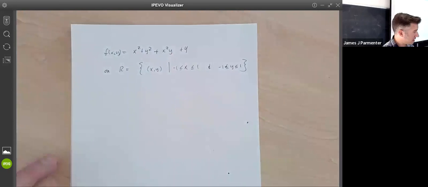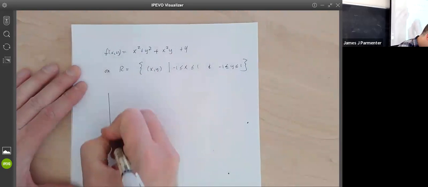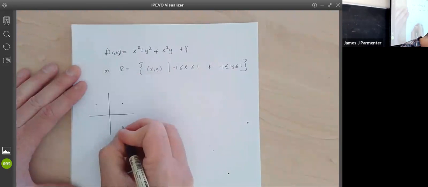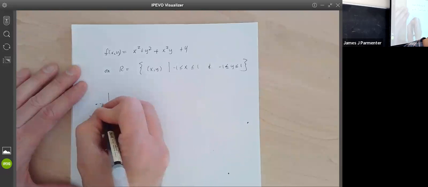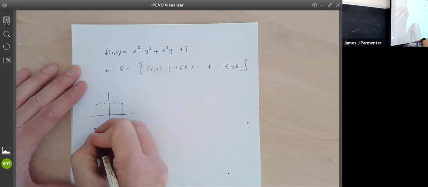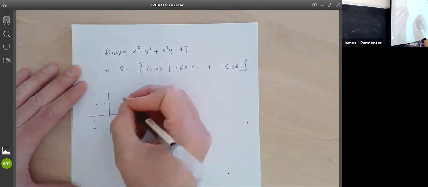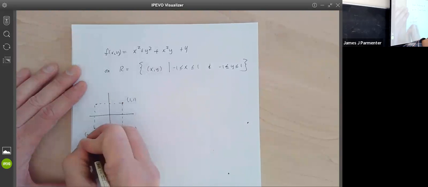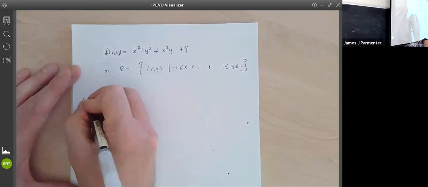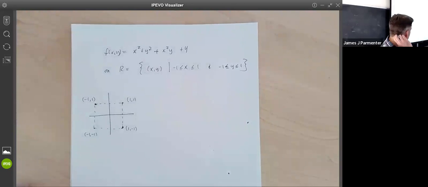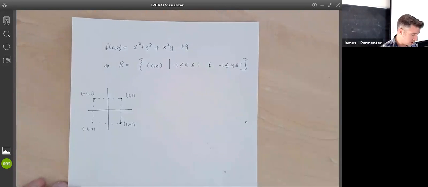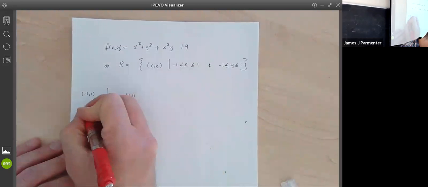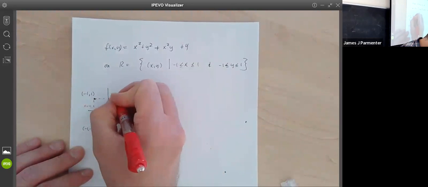And I do think it's a good idea to draw your region, specifically because it's good to know what your boundaries are. So I definitely know without a doubt that I'm going to be checking the points (1, 1), (1, -1), (-1, -1), and (-1, 1). I'm going to have to plug each of those points into the function. And then I'm also going to have to look at the walls, x equal to 1, x equal to -1, y equal to 1.